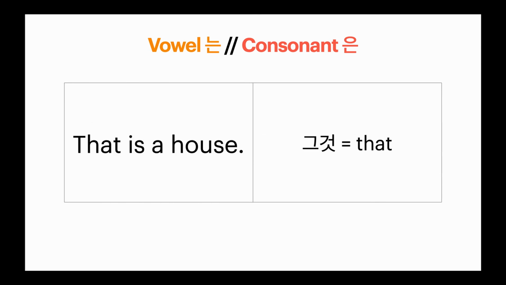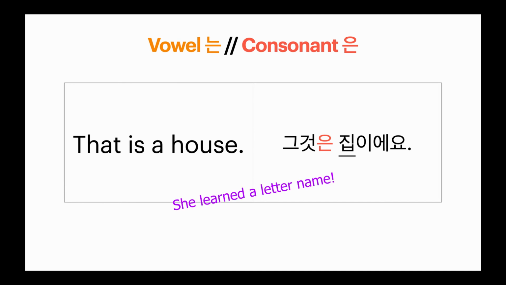That is a house. Now the word for that is 그것. 그것은 집이에요. Notice that the 시옷 carries over into making it sound 그것은.